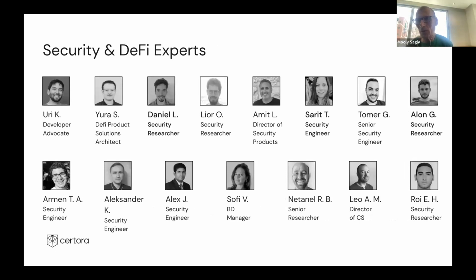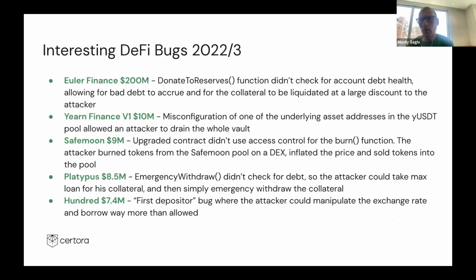And we team together with experts in DeFi, security researchers who are interested in the security of DeFi, to help secure the protocols. DeFi is very interesting for many reasons, but one reason, at least for formal verification, is that the effect of bugs is really high in terms of the potential loss, and it's really hard to recover.